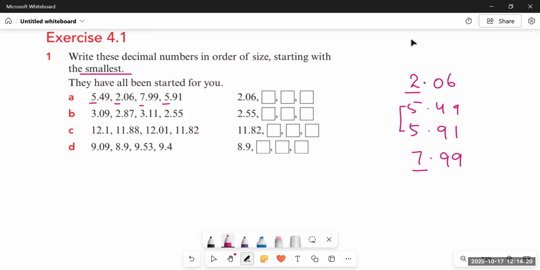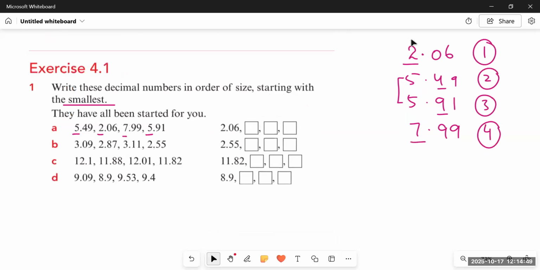So since 5 and 5 are same, what are we supposed to do over here? We will now compare the first decimal place, that is the digit after 5 over here. 4 is smaller, so it will come first, and 9 is greater, so 9 will go on the third place. So the first one is 2.06, second one is 5.49, then comes 5.91, and 7.99 is the largest.